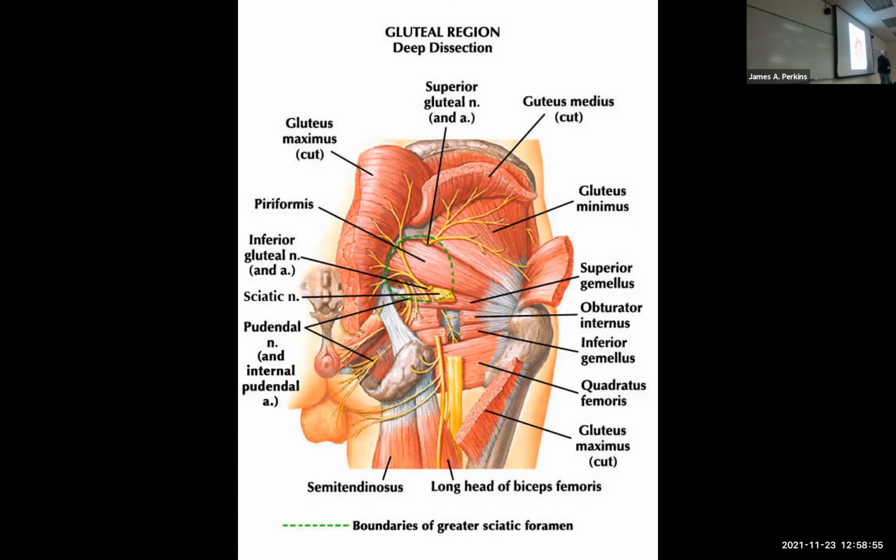So this great big nerve is formed inside the pelvic cavity. Here's a tough trivia question, and I wouldn't be surprised if you don't know this one, but it might be something good to brush up on for the exam. Does anybody know the spinal nerve levels that contribute to the formation of the sciatic nerve? This was shown when we did the pelvic lecture.